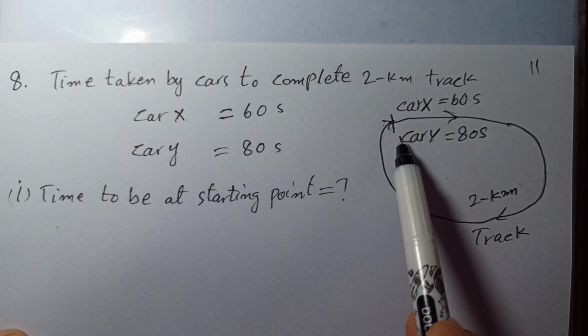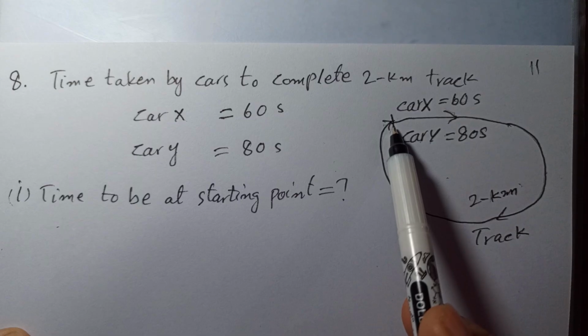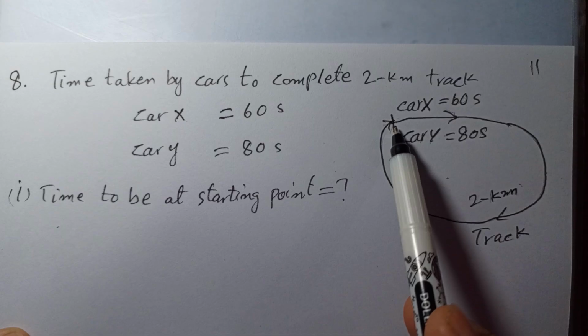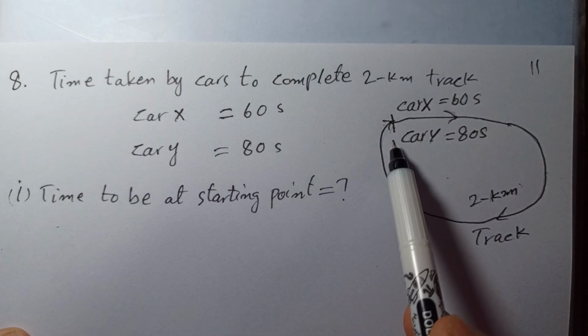You know that LCM is found by the repetition of numbers that come in two tables. For example, if we have the tables of 3 and 6, then 3, 6, 9 are multiples of 3 and 6, then 12, then 18 are multiples of 6.